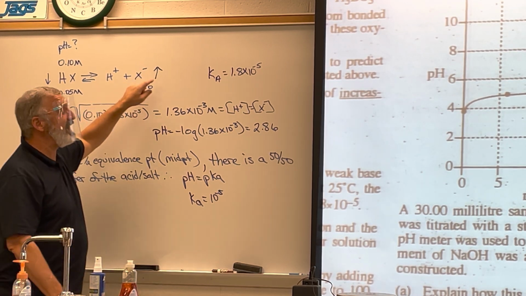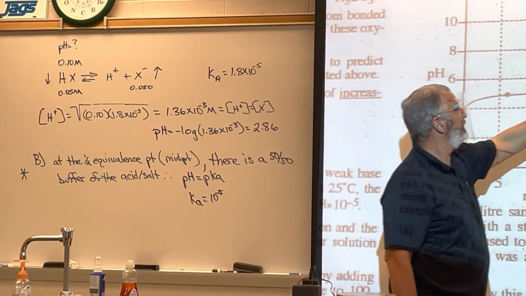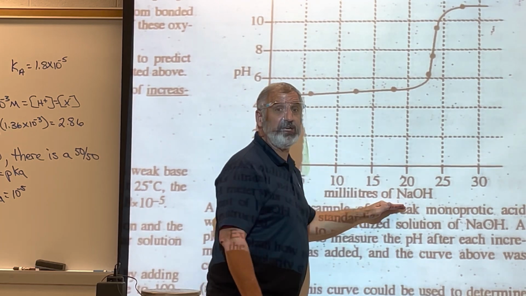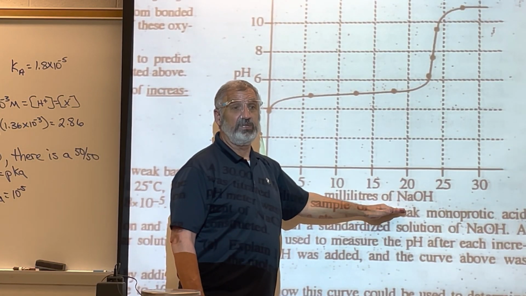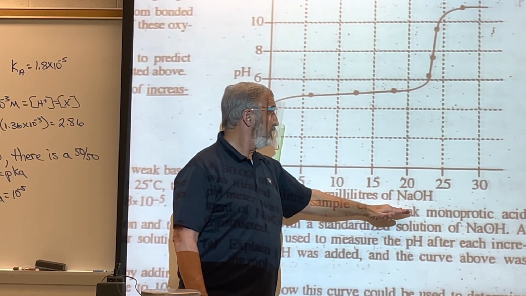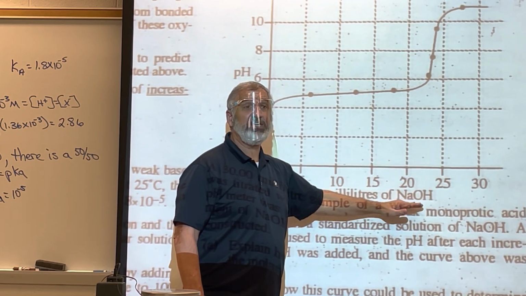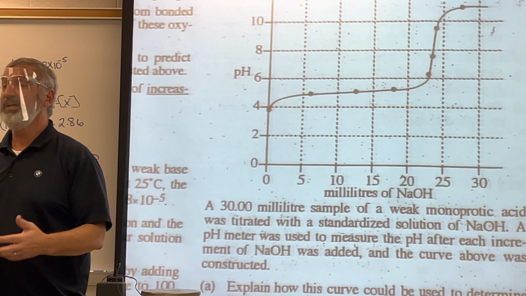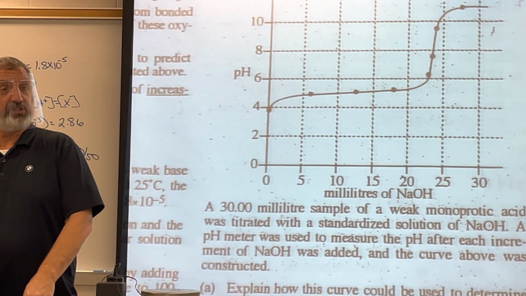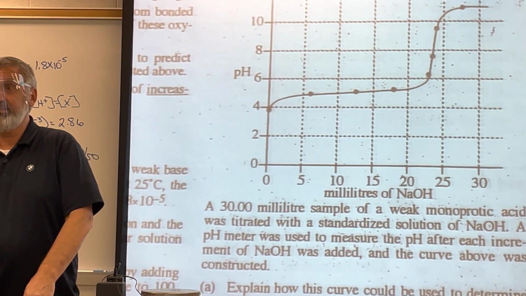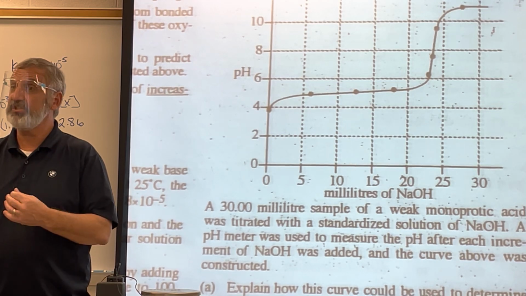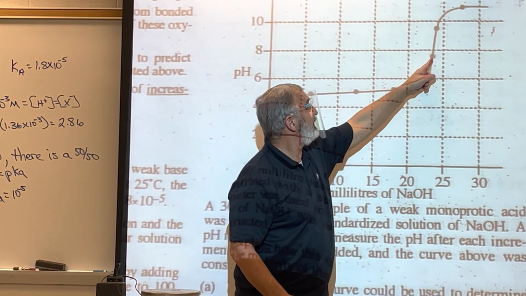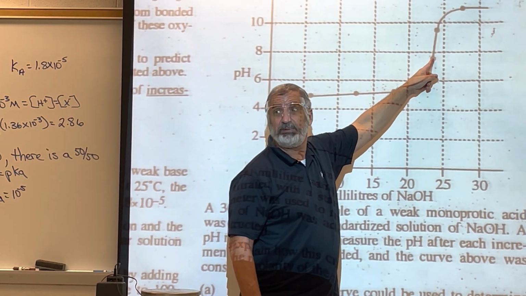Then once we get past the equivalence point, now we're just adding excess NaOH. So now all the pH is going to be dependent upon this. Remember we said in a mixture of a weak acid and a strong acid, you look at the strong acid, or a weak base and a strong base, you just use the pH of the strong base. Well, once we get here, we have X minus, which is the conjugate base, but it's real weak.